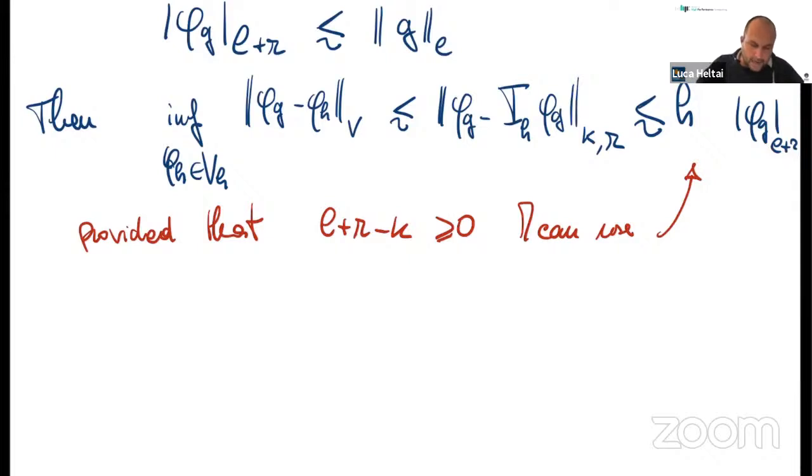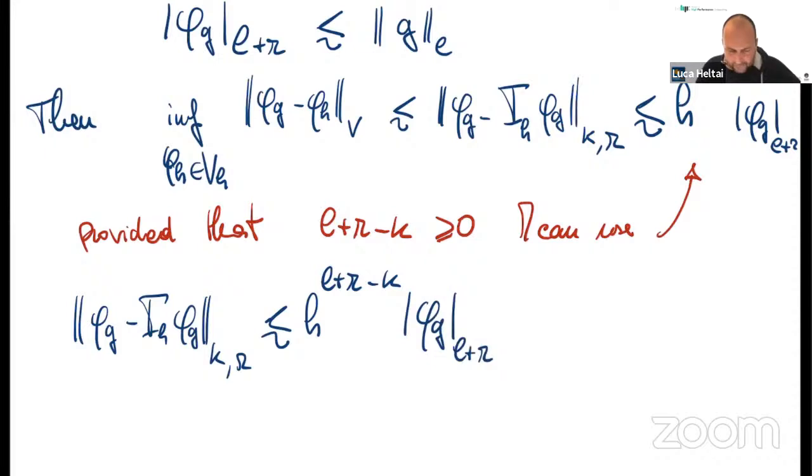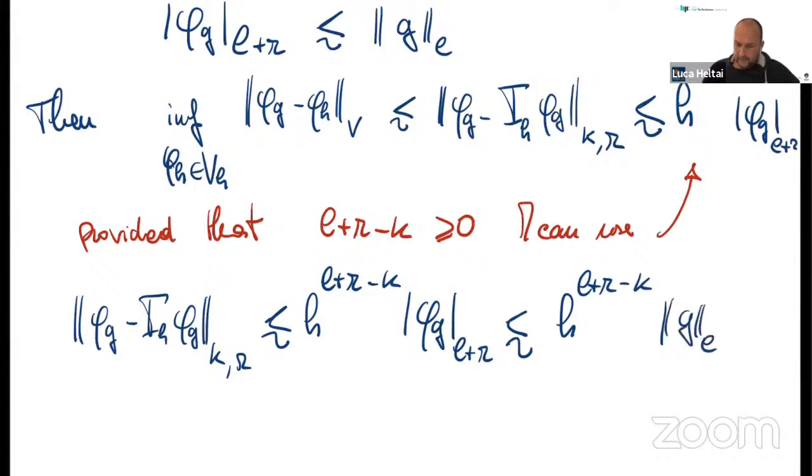And of course, this can be bound by, if I just write the first part, let me bound VG minus IH of VG. So we have K omega. This is H to the L plus R minus K, semi-norm VG L plus R. And of course, this is bound by H to the L plus R minus K, and this is the semi-norm, the actual norm G L that we have here.